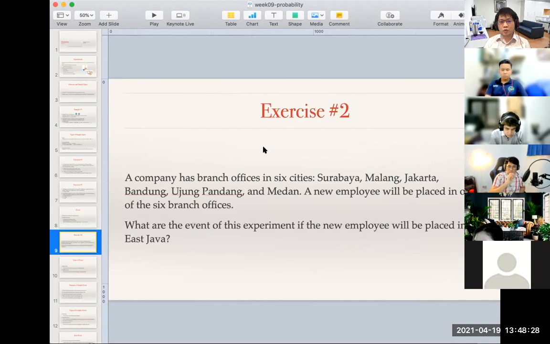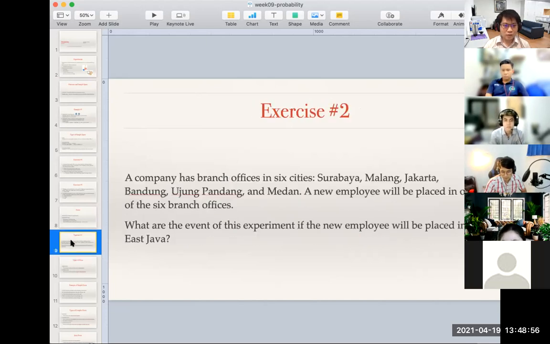All right, so we go back to our previous exercise. A company, similarly, has 6 branch offices. So what is the event of this experiment if the new employee will be placed in East Java? Obviously, Surabaya and Malang, sir. Right, that's correct. Thank you, Kenneth.